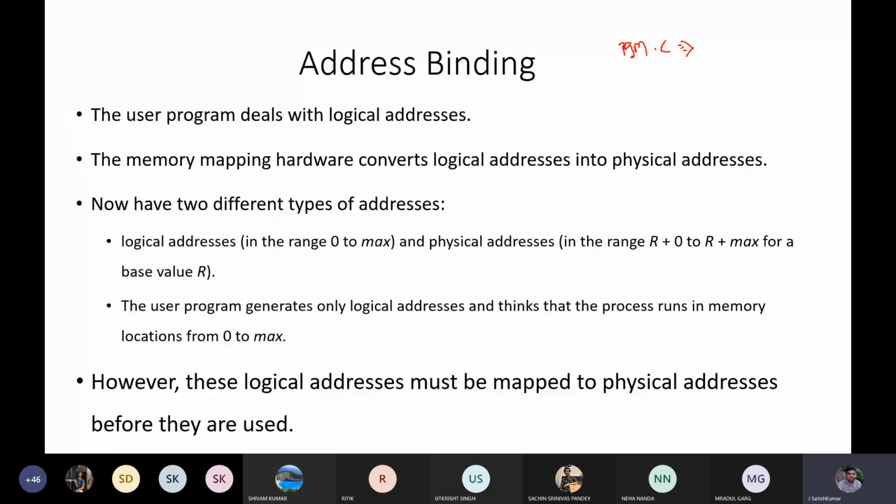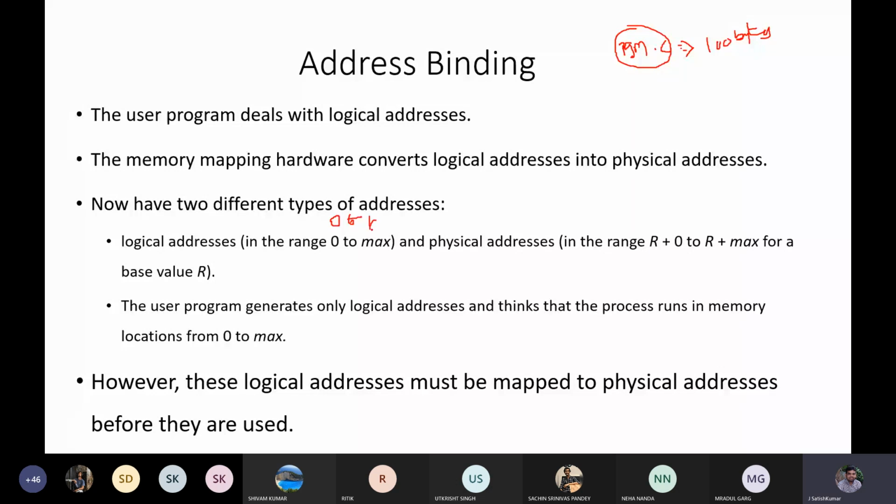We will not worry about which location in the main memory this program will reside in. As a user, I calculate that program.c takes, say, 100 bytes, maximum from 0 to 100 bytes. That is all I worry about.